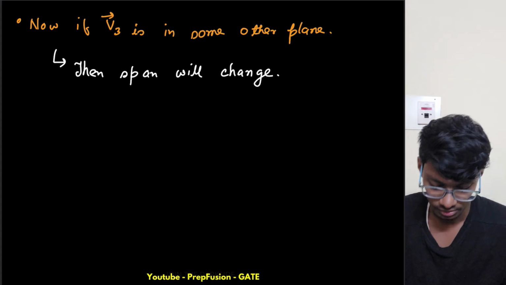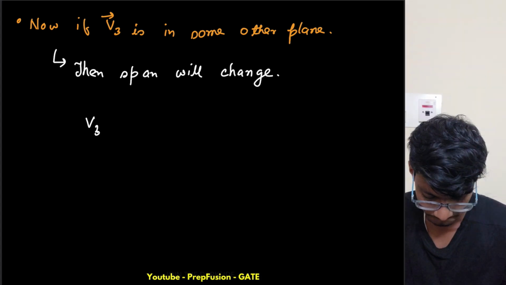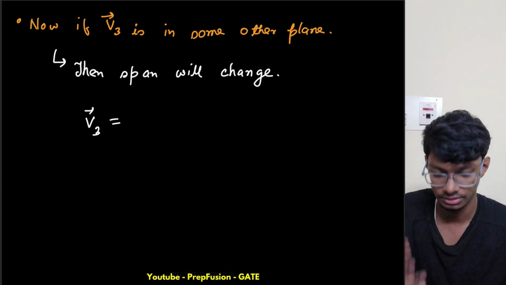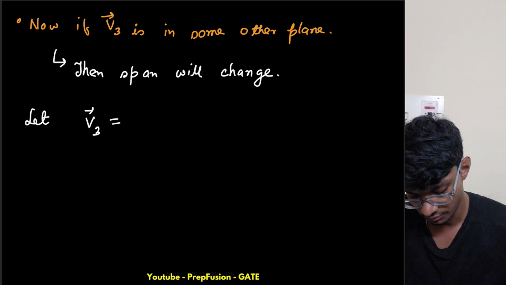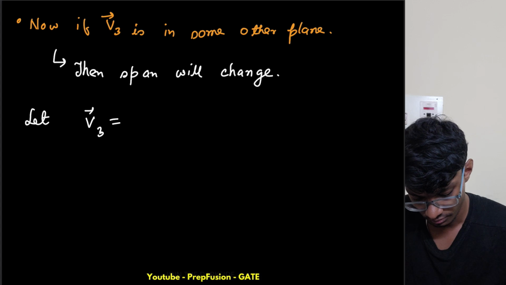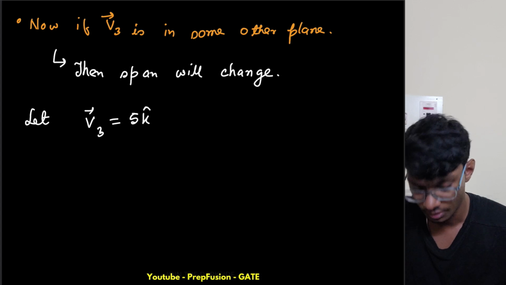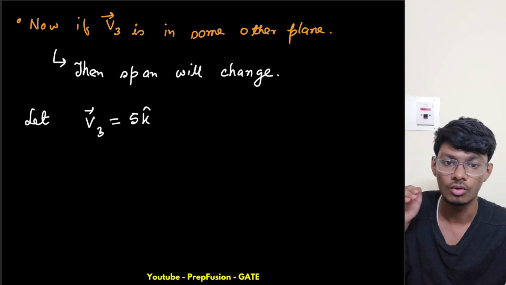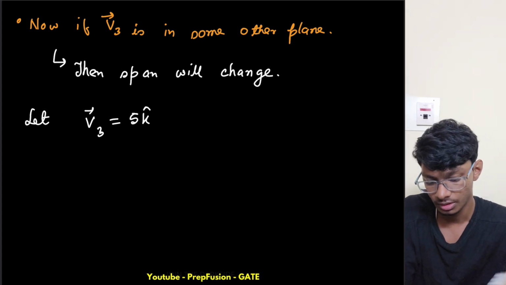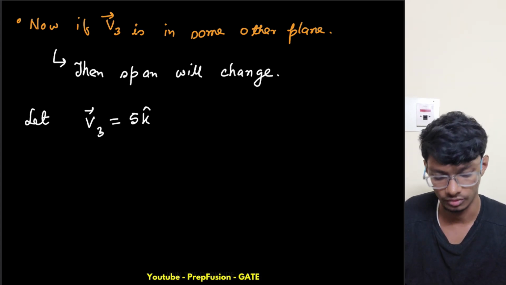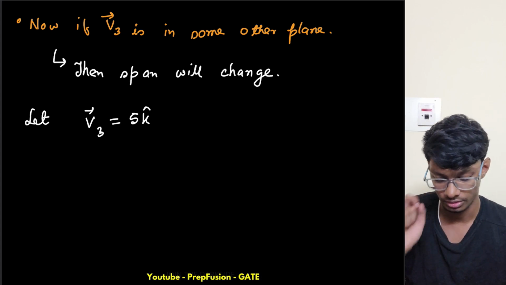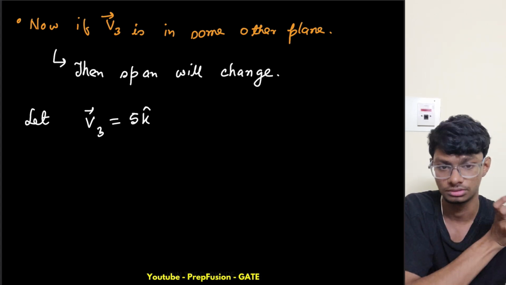Let v3 equal 5 k cap. Now what will happen? Now our span will become the whole 3D space. Why? Because we have the i and j combination up there from the previous v1 and v2, but we have a new k also. So now the span will become the whole 3D space.